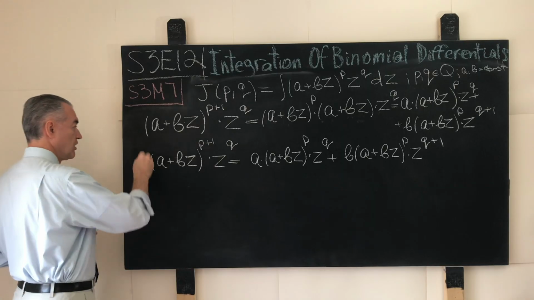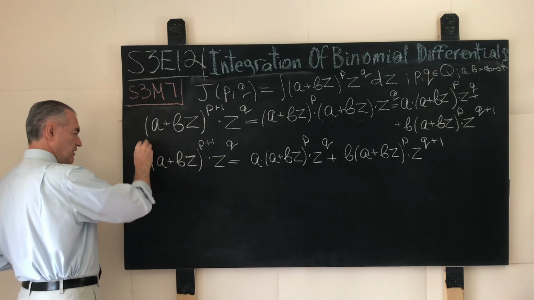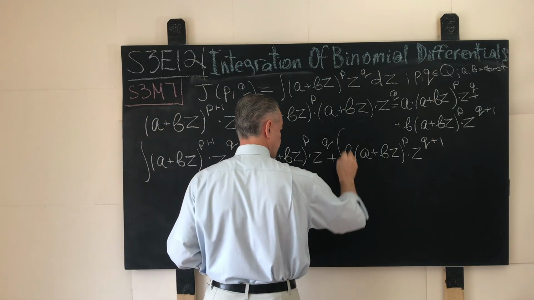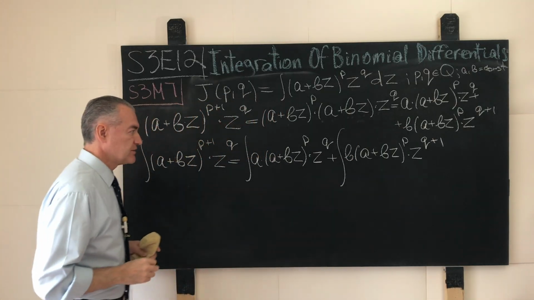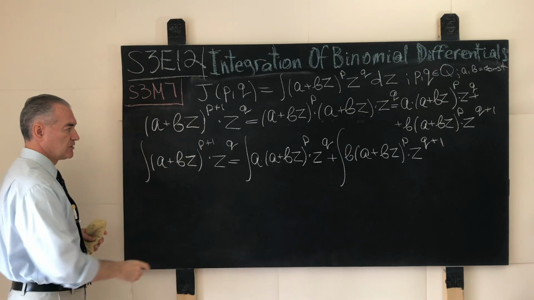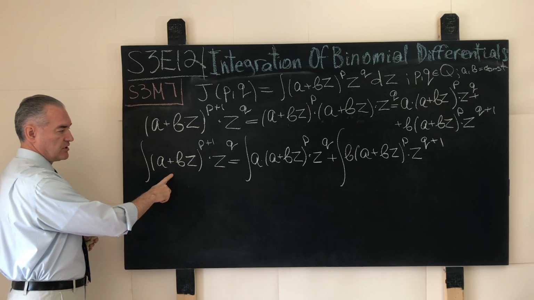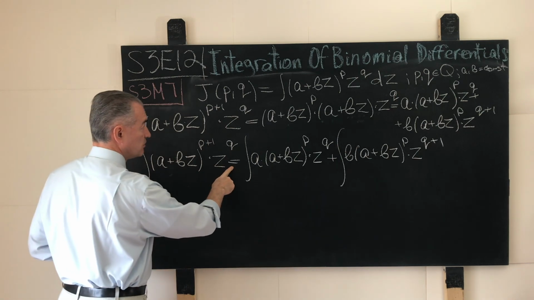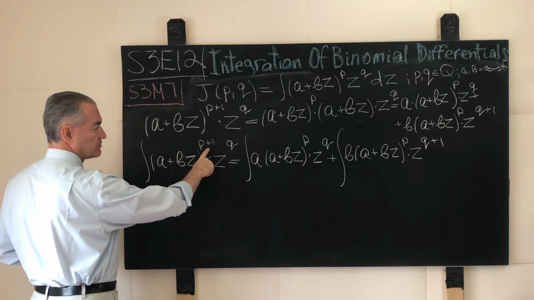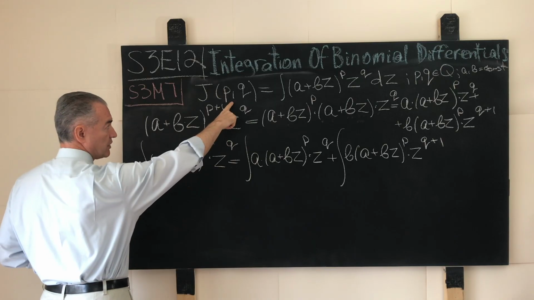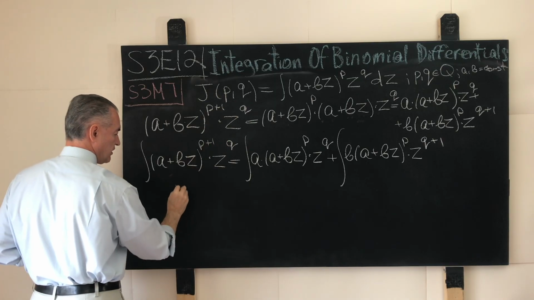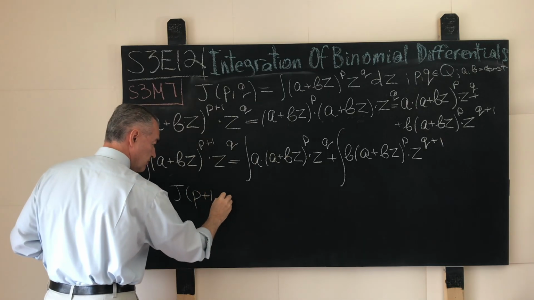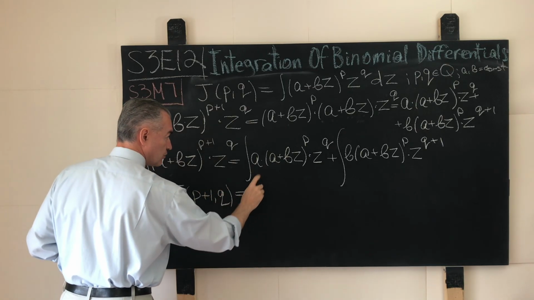What do we do next? Well, this is a finite sum, we integrate without worrying about uniform convergence and all these horrible things. And what do we have on the left-hand side of the equality that we established? Well, p is raised to the power p plus 1. So in our definition, we have integral J p plus 1, q is equal to what?